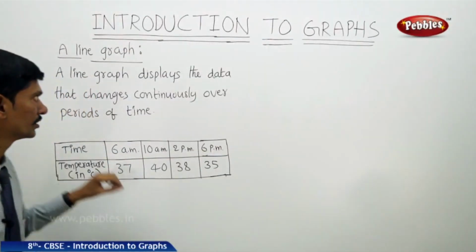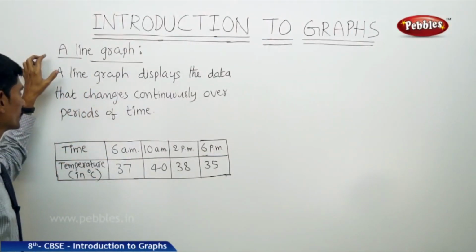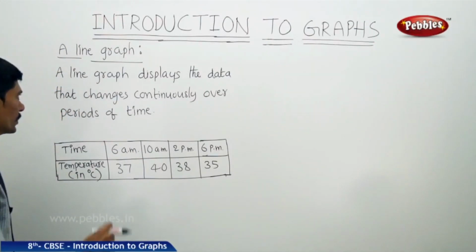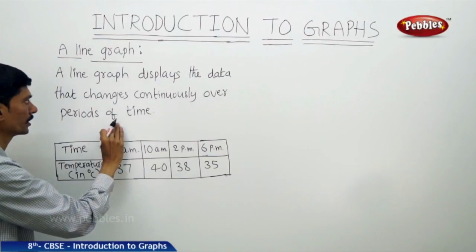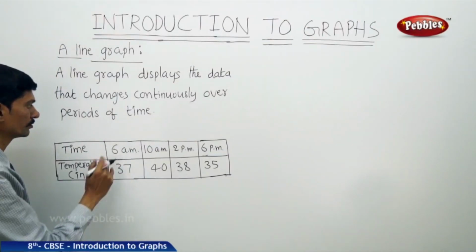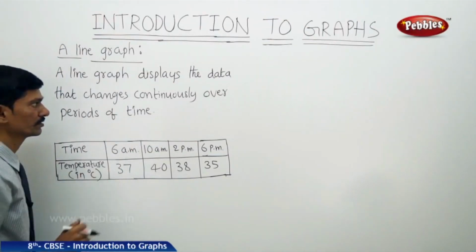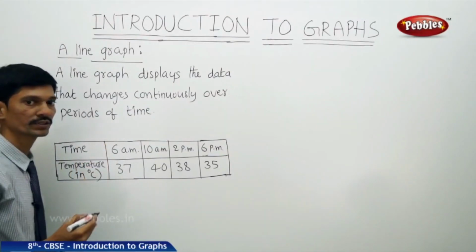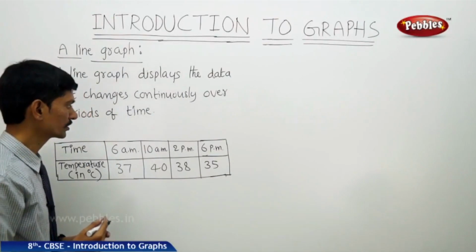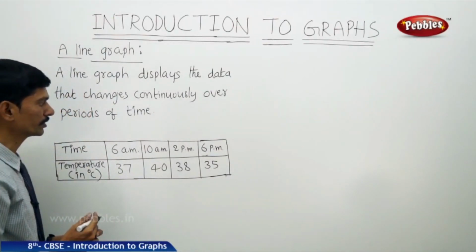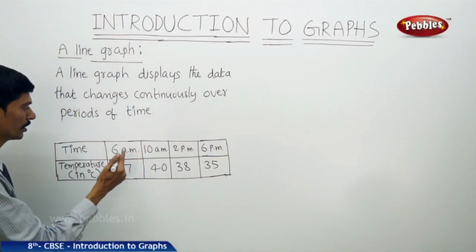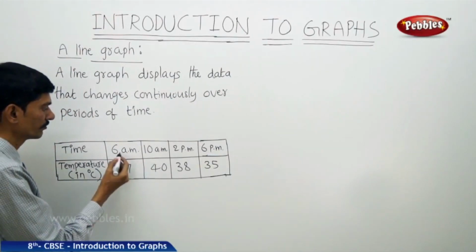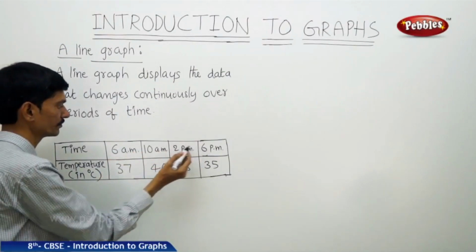Now let us see the next graphical representation, a line graph. A line graph displays data that changes continuously over periods of time. Let us understand this with an example. When a student, Renu, fell sick, her doctor recorded her body temperature in a table every 4 hours from 6 am to 6 pm.